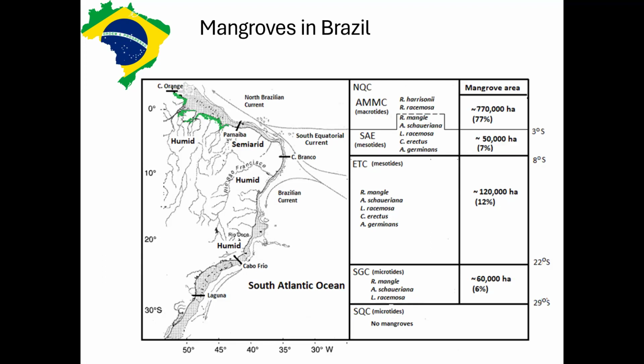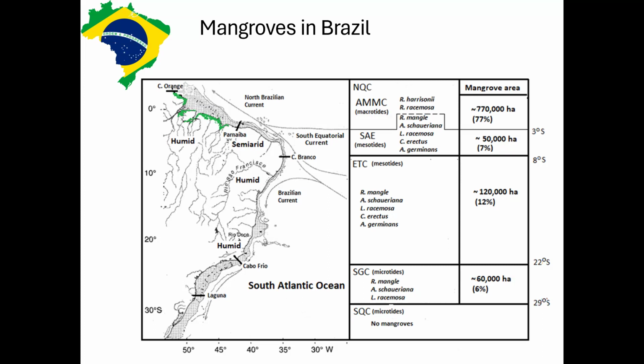Okay, so you've got two quite different ecosystems. So I'm going to focus on the differences in carbon sequestration for these two regions in Brazil. They are considerably different in their morphology, and also in their size and structure.